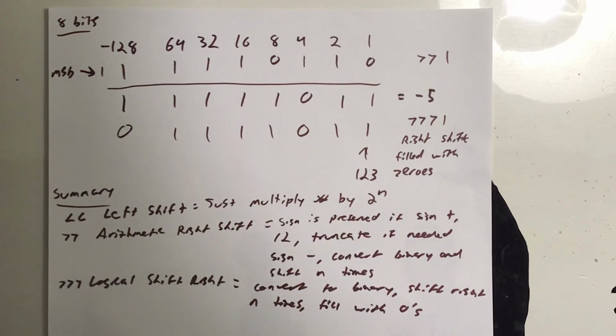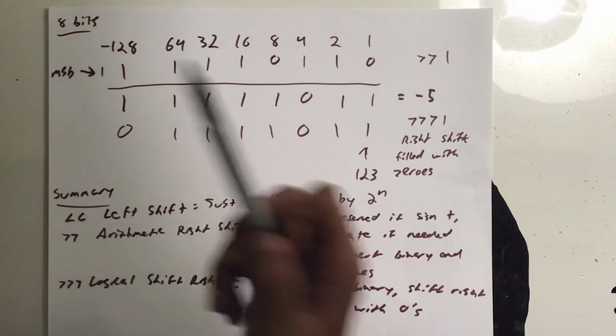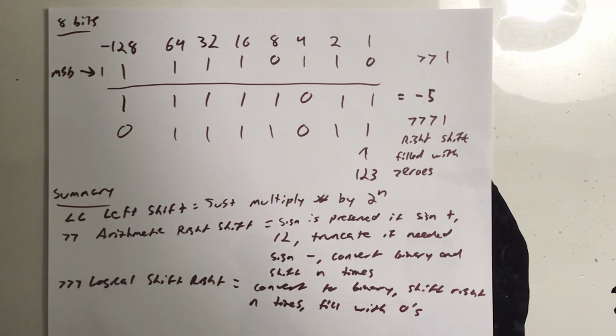Then it's going to be the same answer. But if your most significant bit is a 1, then with logical right shift you're still always going to fill with zeros, but with arithmetic right shift you're going to fill with 1s to preserve that sign. Left shift doesn't matter because logical left shift and arithmetic left shift are the same thing. So you're just going to multiply by 2 to the nth power. Yep, that's it.